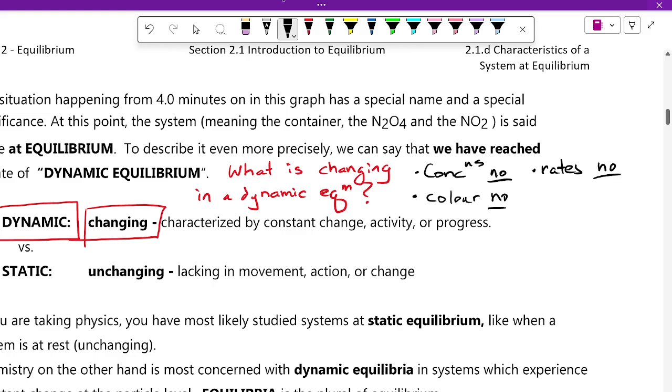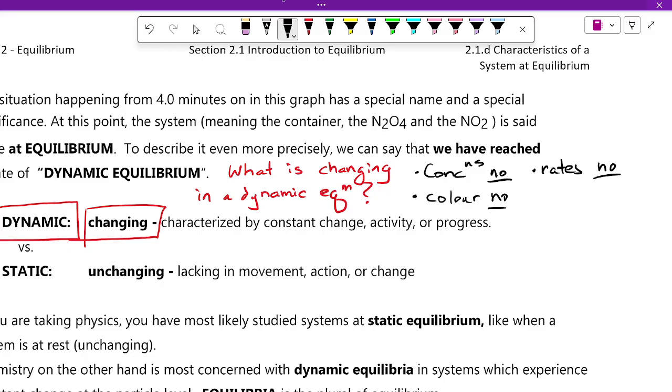And the rates are staying the same. If they were changing, then we would not be at equilibrium anymore. What is changing? Products and reactants will be at different concentrations from one another, yes. Unless you get some weird thing where they're exactly equal, but that's a random weird coincidence.